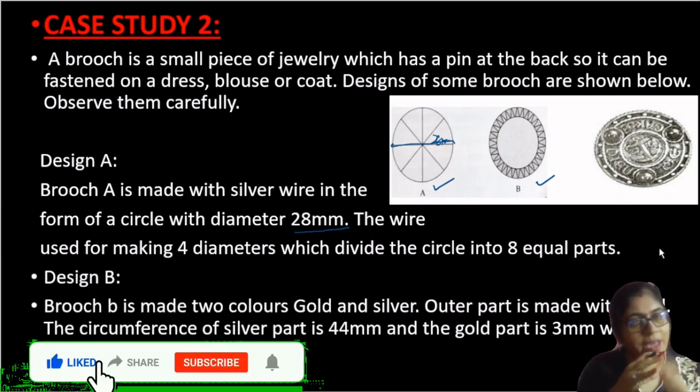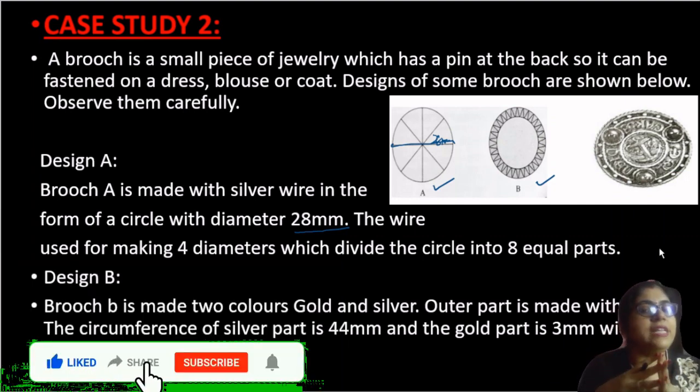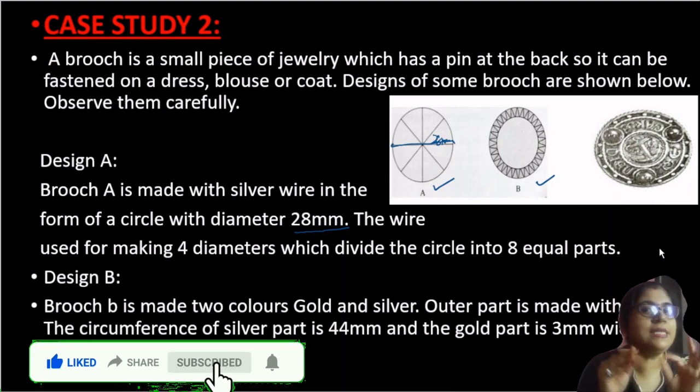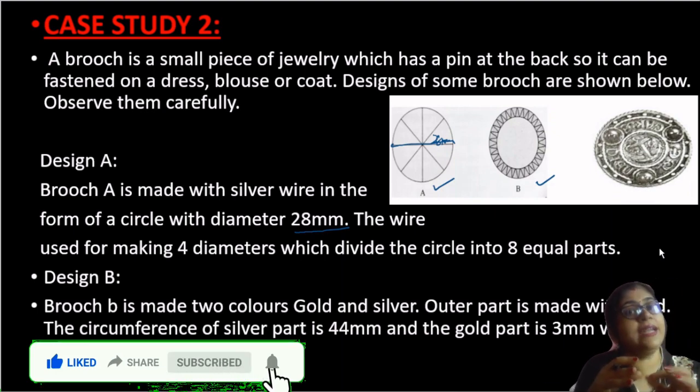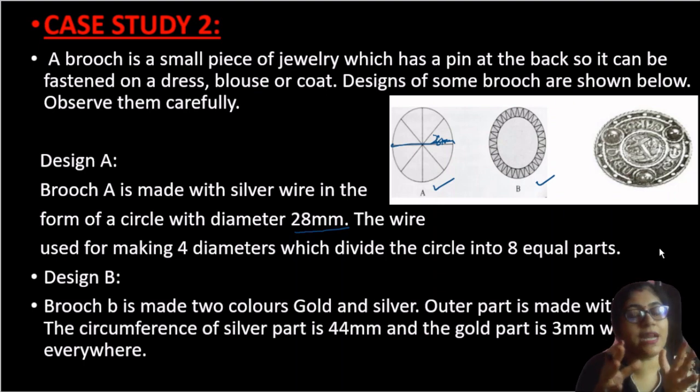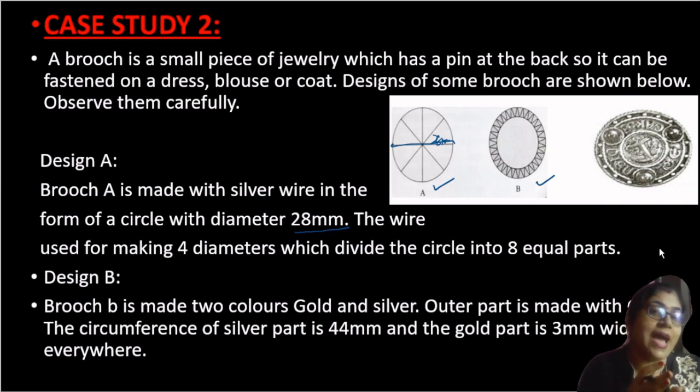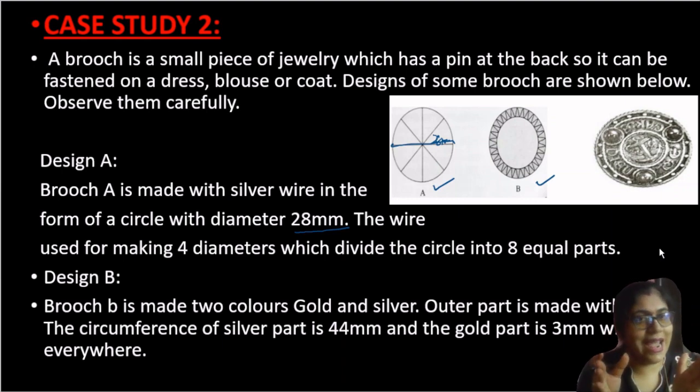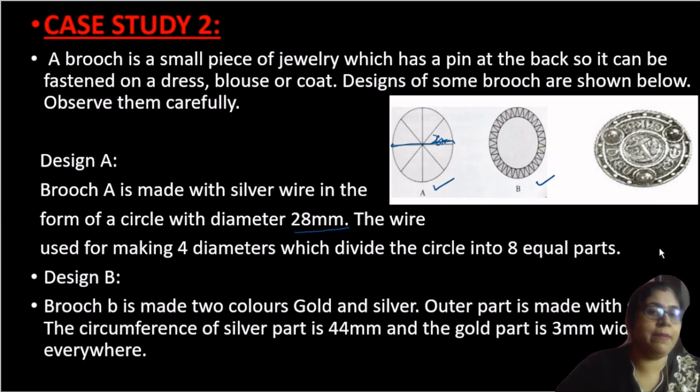So the silverware is dividing the circle into 8 circular parts. For that, 4 straight wares are used, each of length equal to its diameter, that is 28 millimeter.